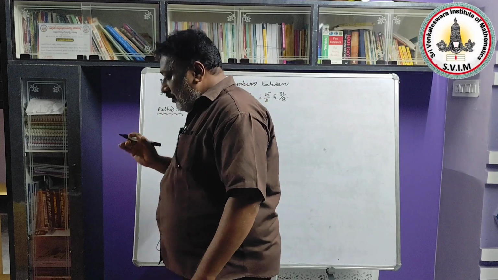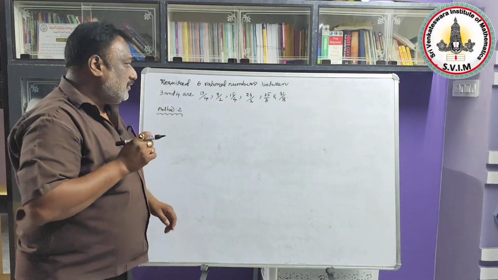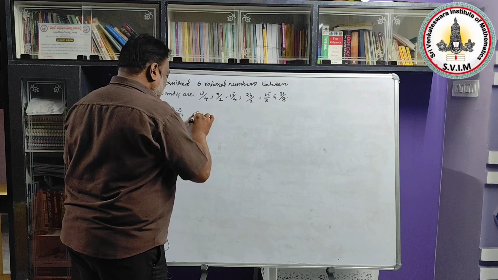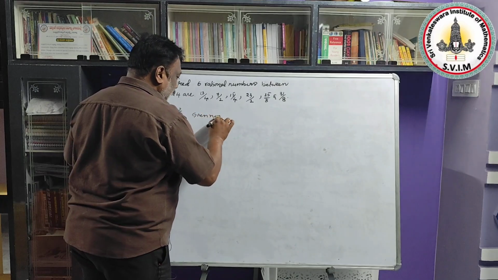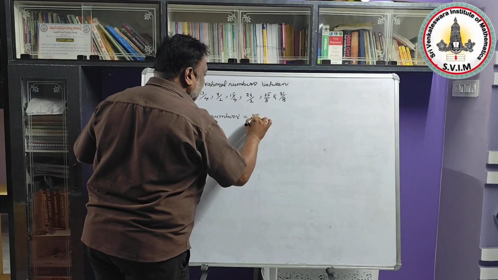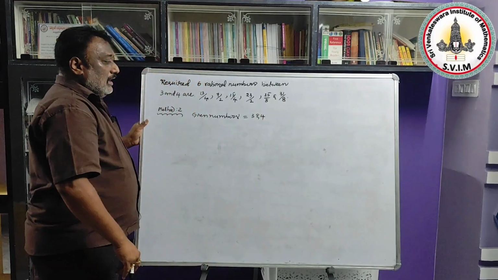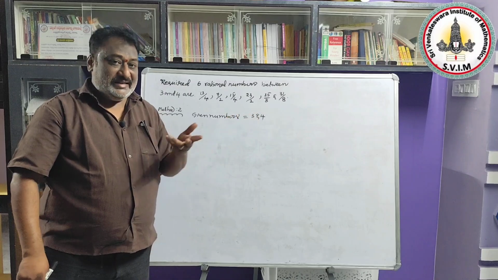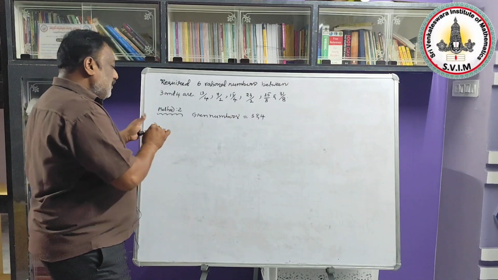Okay. So, before going to this second method, first we need to write the given numbers. Given numbers are 3 and 4. And how many rational numbers are required between them? 6. That information you need to write.